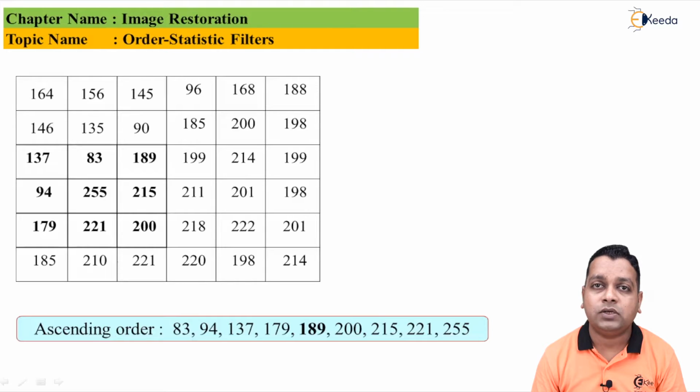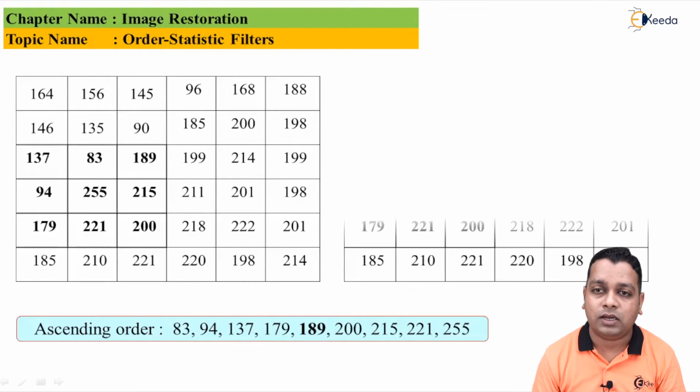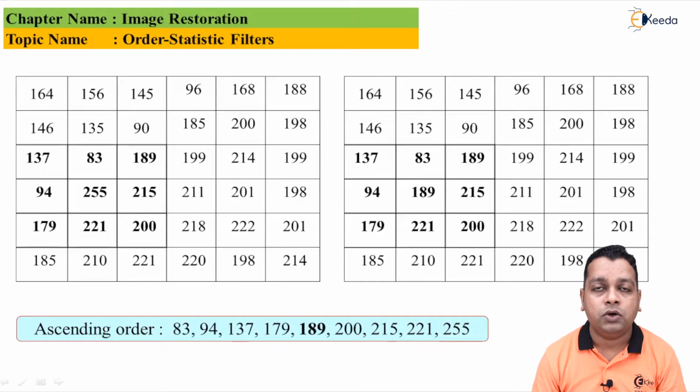So the concept is very simple: replace the value 255, which is the noise value, by the median value 189. Upon doing this, the resultant image segment will be like this. Whatever is highlighted in bold here, 255 is replaced by 189. This is called median filtering.